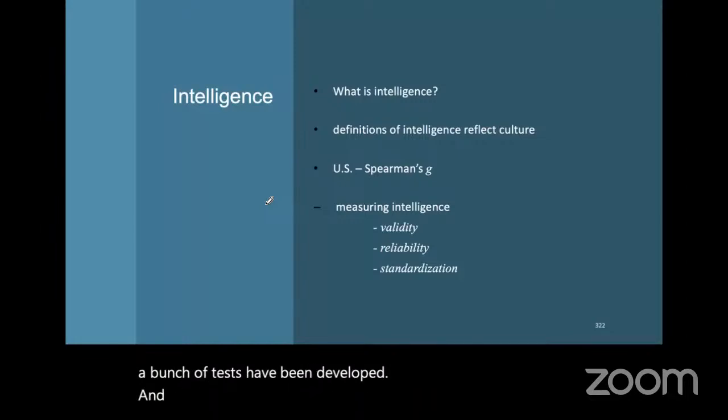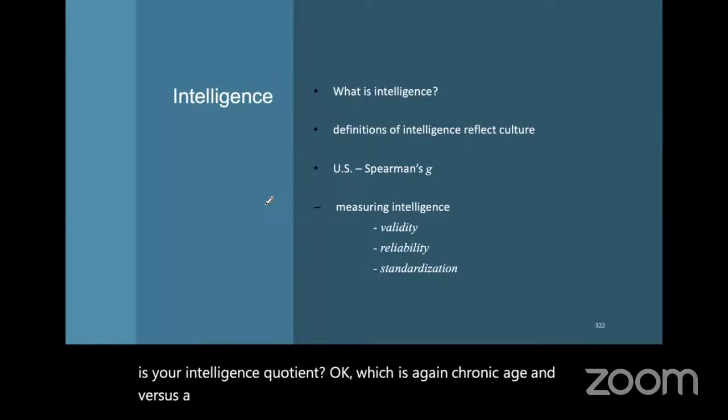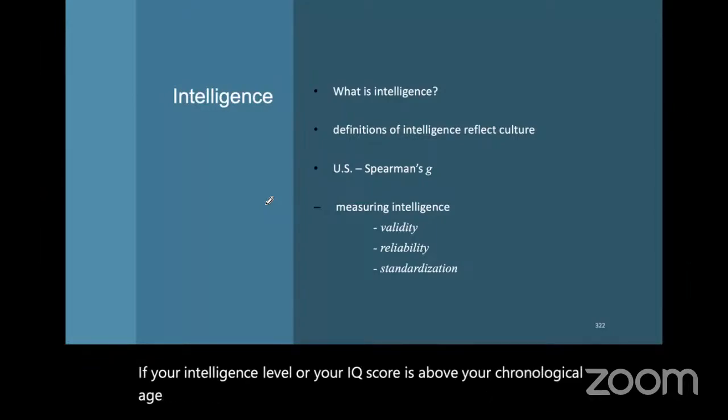What has happened over the years is that a bunch of tests have been developed and tested over and over to try and get at this idea of your intelligence quotient, which is again chronological age versus psychological age. If they match, you get a score of 1. If your intelligence age is above your chronological age, you score above a 1.